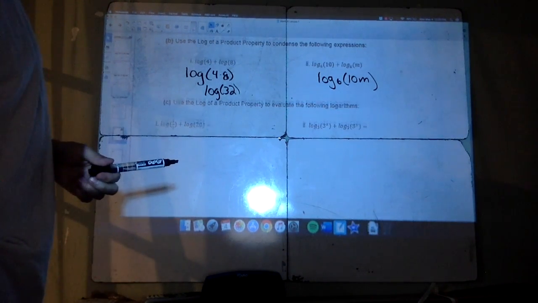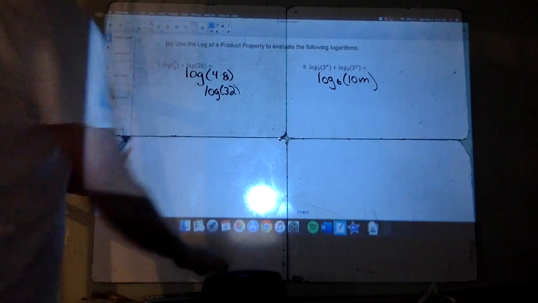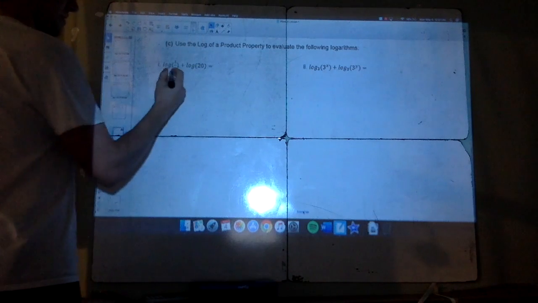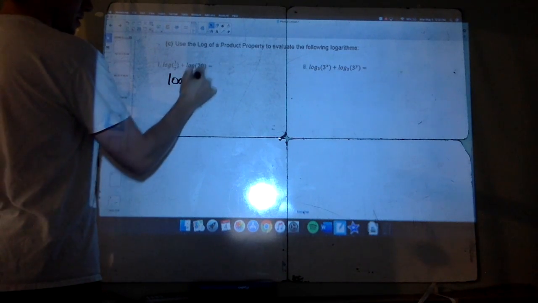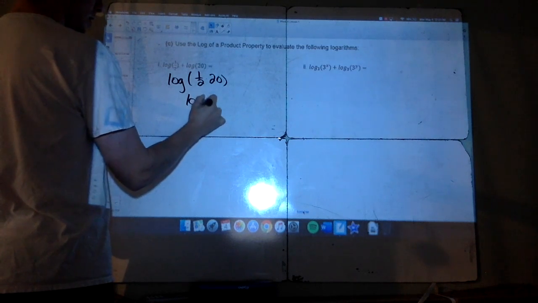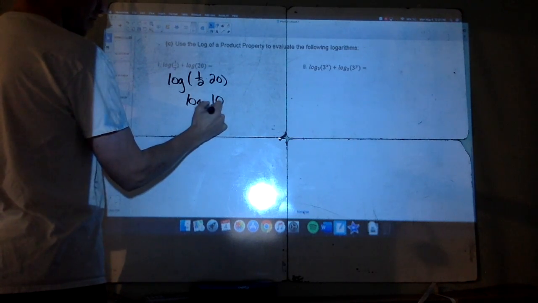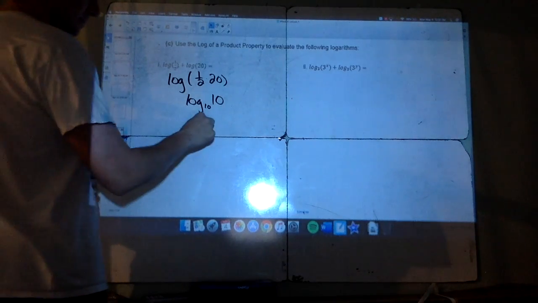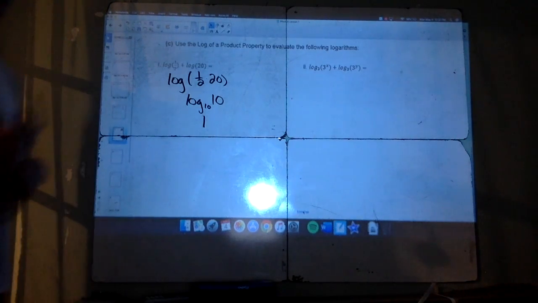So we have, on the left, log of 1/2 plus log of 20 becomes log of 1/2 times 20, log of 10. And if you just see log, it's log base 10. 10 to what power is 10? This just becomes 1.